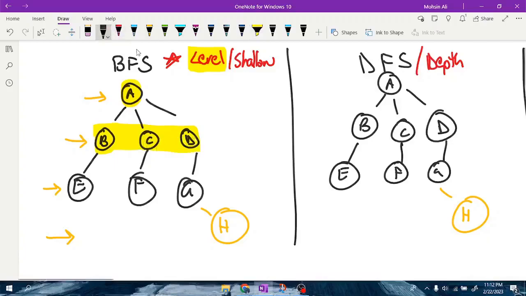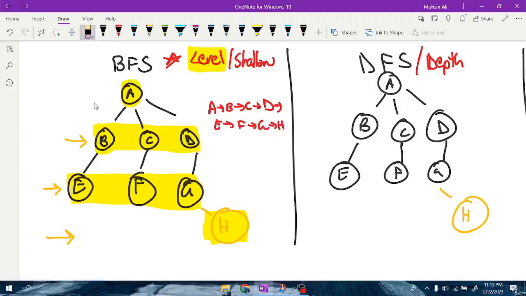So I go from A to B to C to D, and then I would go to the next level, which is E to F and to G. And then lastly, I would go to H, right? So this would be D to E to F to G, and then finally to the goal, which is H. Okay, so that is breadth first search.